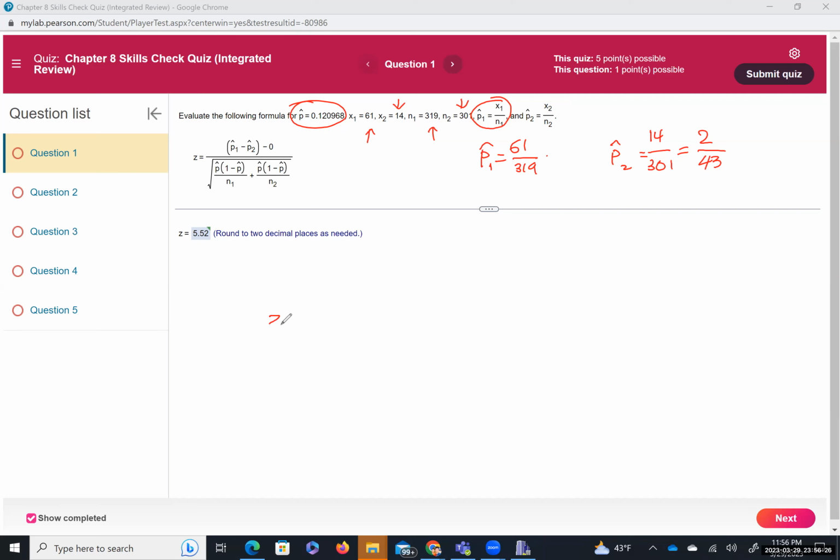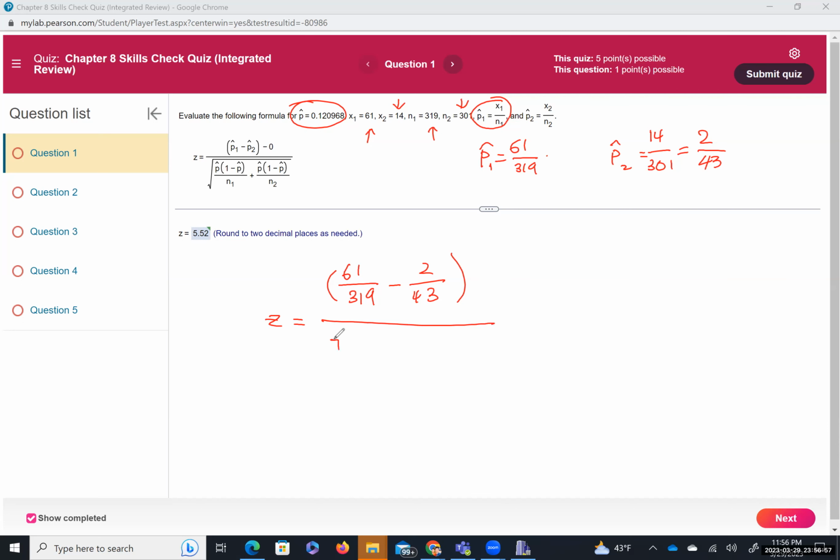So we're gonna have z equal to 61 over 319 minus 2 over 43, right? And then minus 0. But minus 0, you don't even have to rewrite. You can take it away, so you can just ignore it.